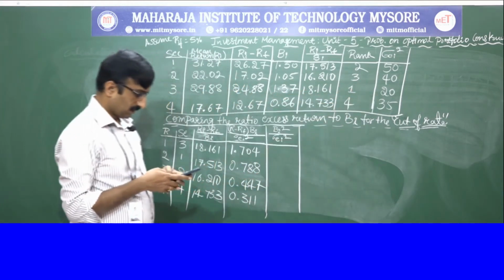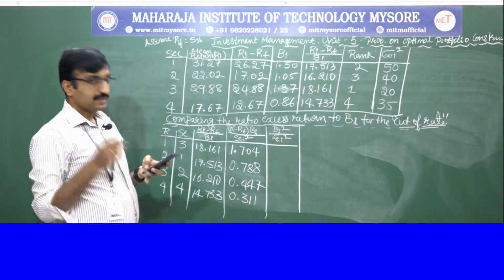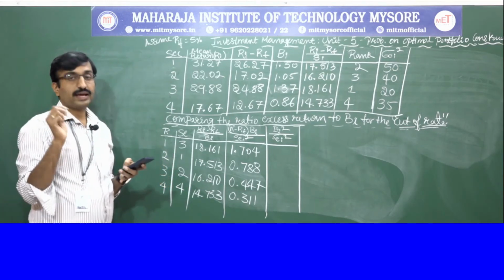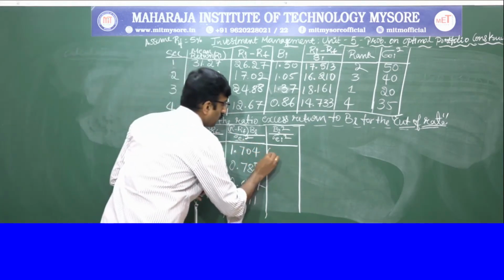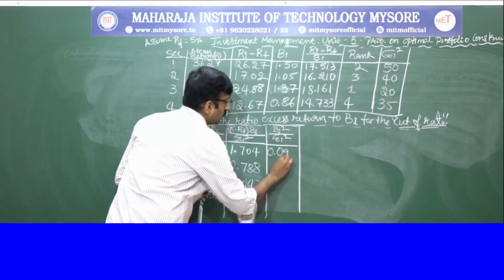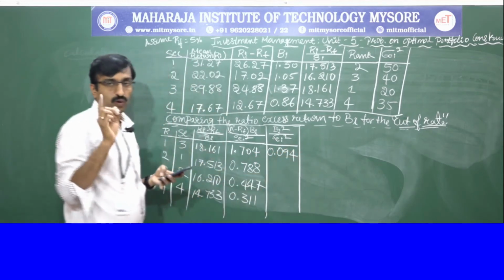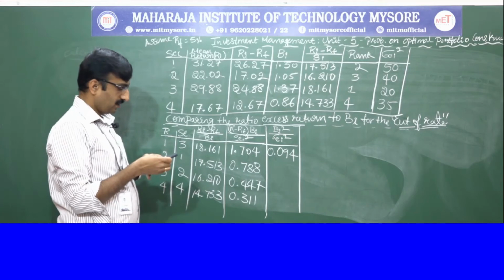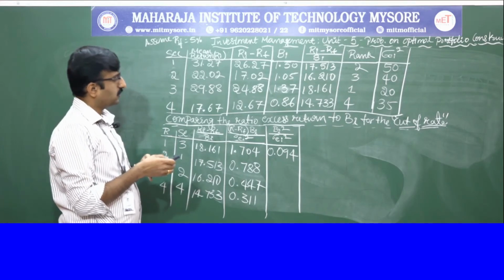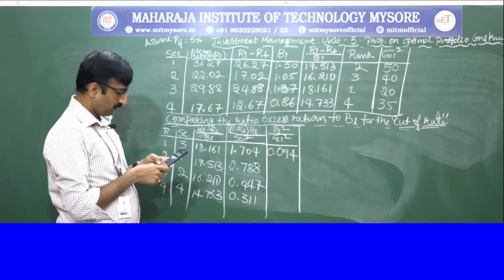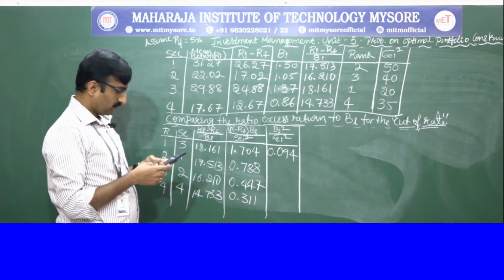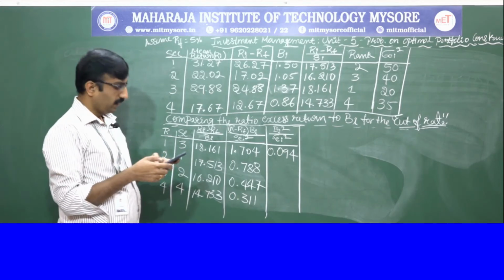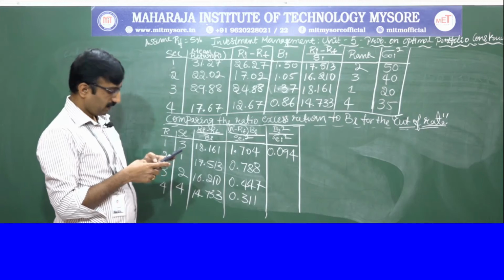You will get 0.094. Hope you got it. Then moving on to the next one, the second one is 1.50, square of that is 2.25, divided by 50.